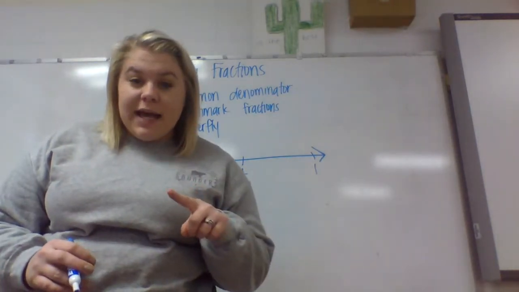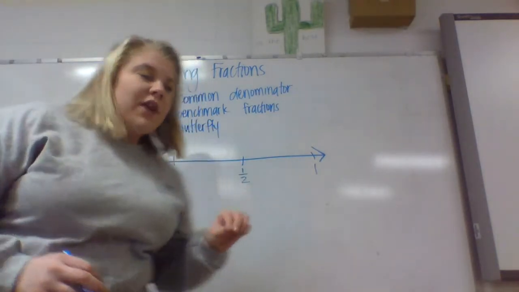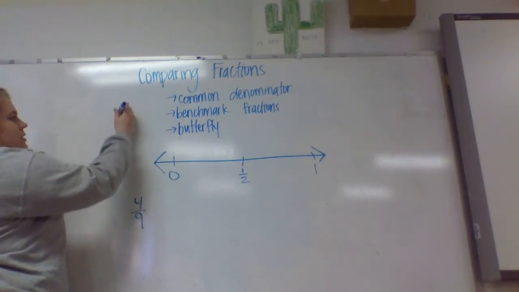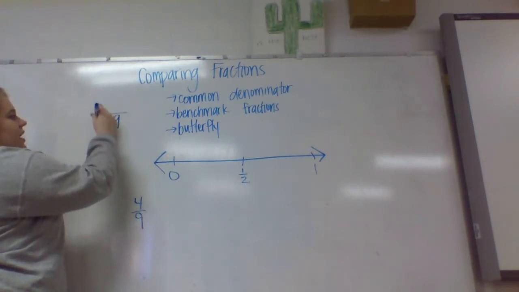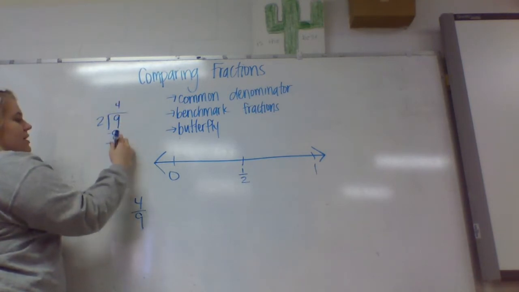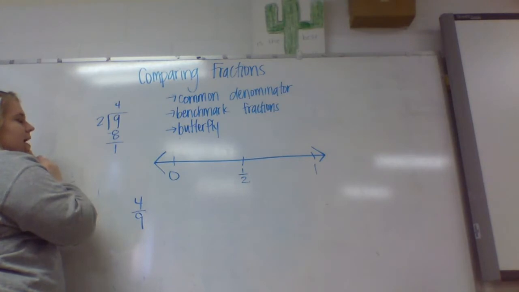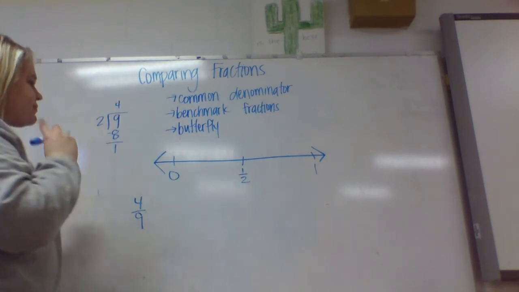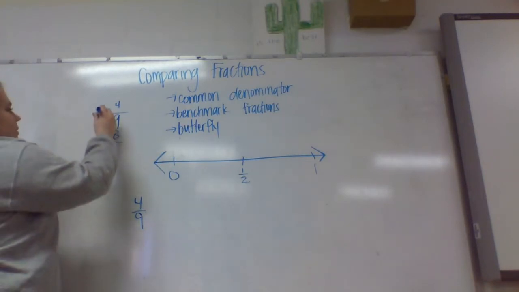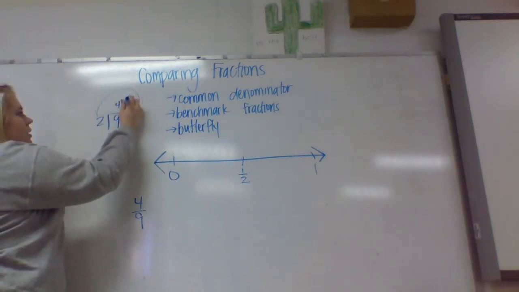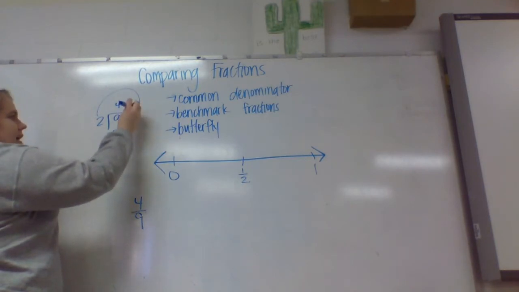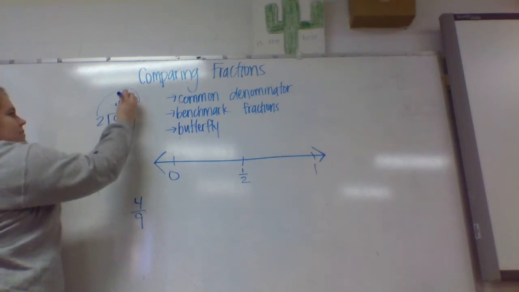Here's how you figure this out. You always want to figure out what would half be. So what is half of 9? Okay, so 9 divided by 2. 2 can go into 9 4 times. 2 times 4 is 8. Okay, so I remember when I made my mixed numbers that my 2 becomes my denominator and my remainder becomes my numerator.